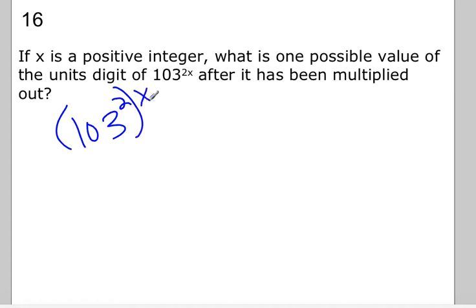Your power of a power rule says that you multiply the exponents, so a power raised to a power, 2 and then x. You can multiply them, but the reason I want to do it like this is because you can kind of ignore these first two digits. It could be anything big, but the 3 is what's going to end up being squared. So you're going to end up with something, something, something, but 9 on the end of it.